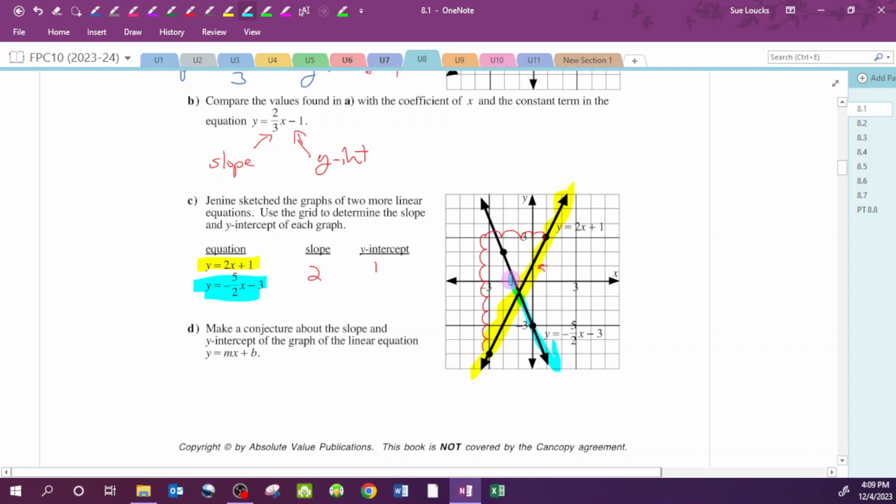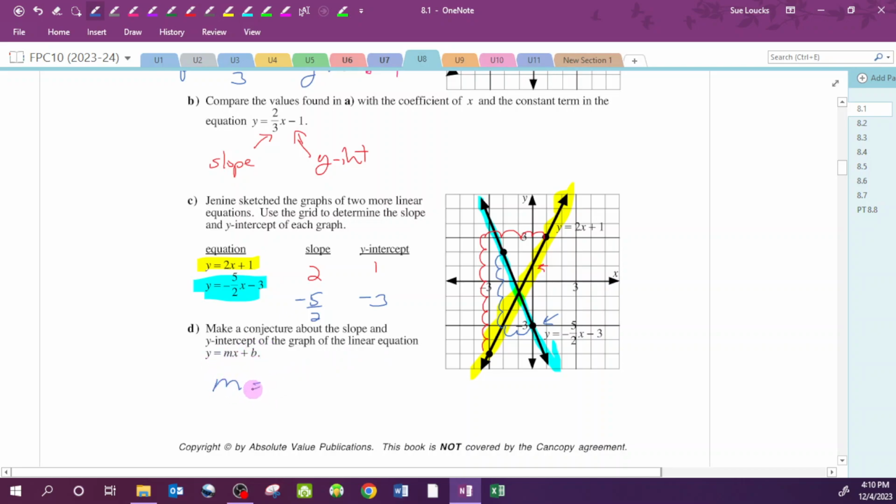And then the other one, let's do that in blue. So that's this line in blue. And my slope is 1, 2, 3, 4, 5, and 2. So it's -5/2, and my y-intercept here is -3. So I jumped the gun a little bit. The conjecture is that the slope, make a conjecture about the slope and the y-intercept of the graph and how they connect to this.